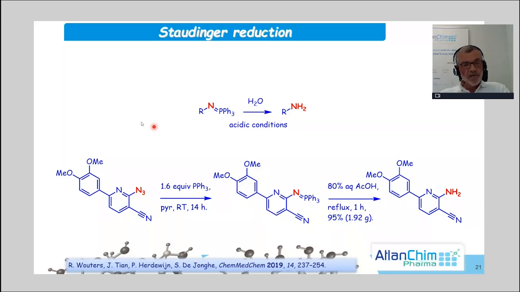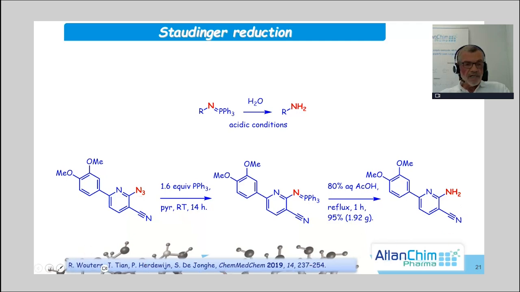For example, the Staudinger reduction of this heteroaromatic azide here with triphenylphosphine gave this iminophosphorane intermediate, which was then subjected to acid hydrolysis to give the 2-aminopyridine derivative here in excellent yield on almost 2-gram scale.